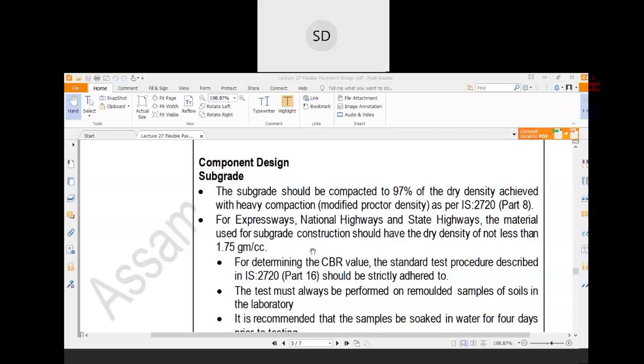And this at least 97% of the dry density is achieved by mixing the soil particles with adequate moisture content. That moisture content is related to the maximum dry density and it is called optimum moisture content.